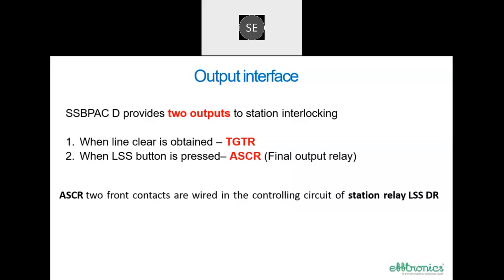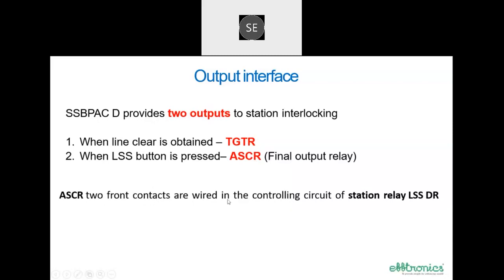So now we will look at the output interface, how outputs are interfaced. SSBPAC provides two outputs to station interlocking by processing those 8 inputs. When line clear is obtained, TGT relay picks up. When LSS button is pressed, advanced starter control relay, that means the final output relay, picks up.